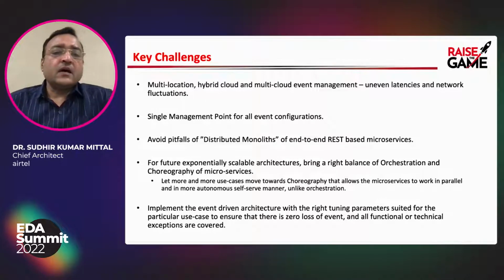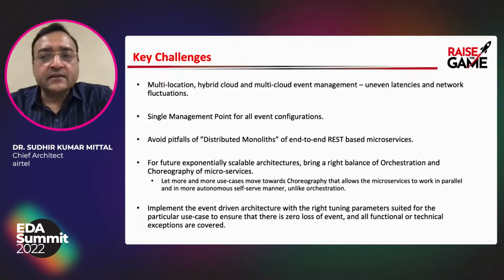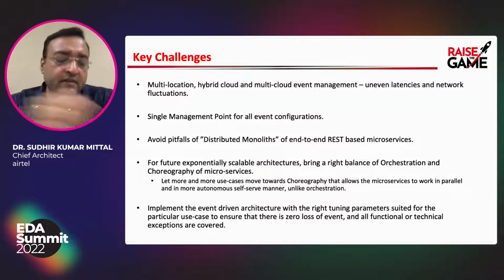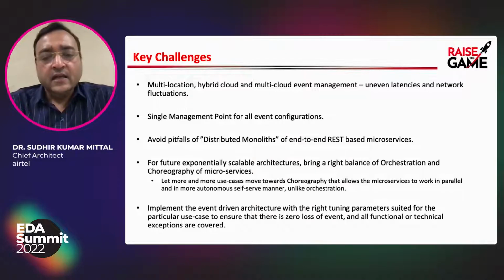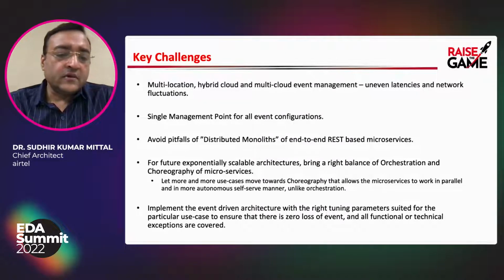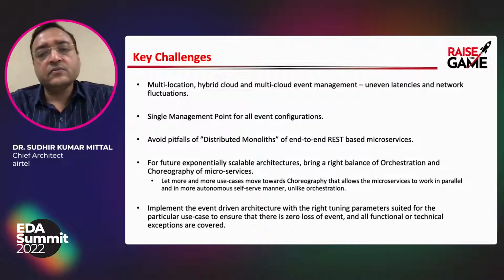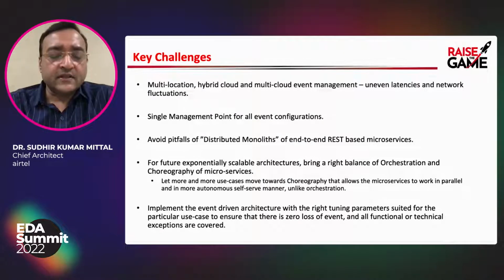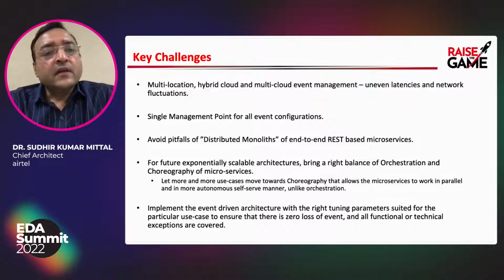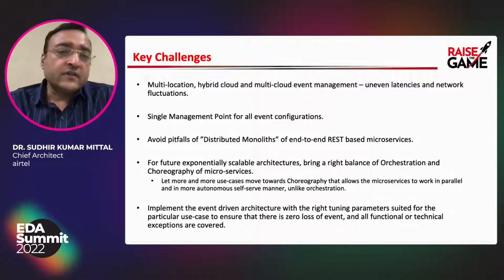Now I'll talk about some key challenges, which are architectural challenges. We are addressing all of them with certain recommendations. Of course, it's not easy to implement these kinds of changes with a huge legacy. One of the key challenges is multi-location hybrid cloud and multi-cloud event management with uneven latencies and network fluctuations.